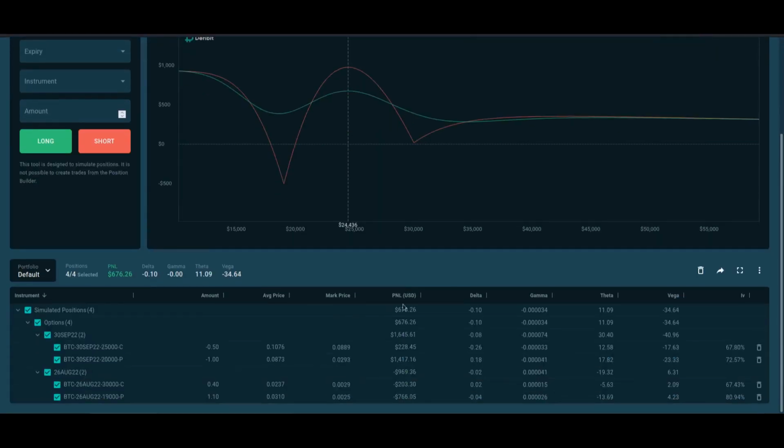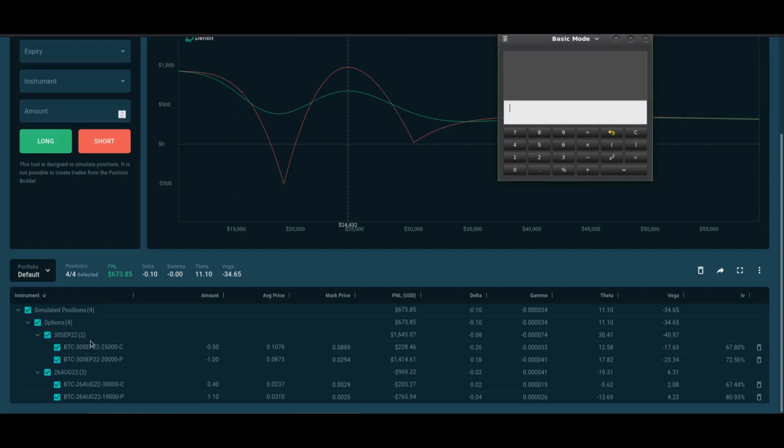For this position your margin will be, as I calculated, not sure that I'm 100% right, about $2,000.